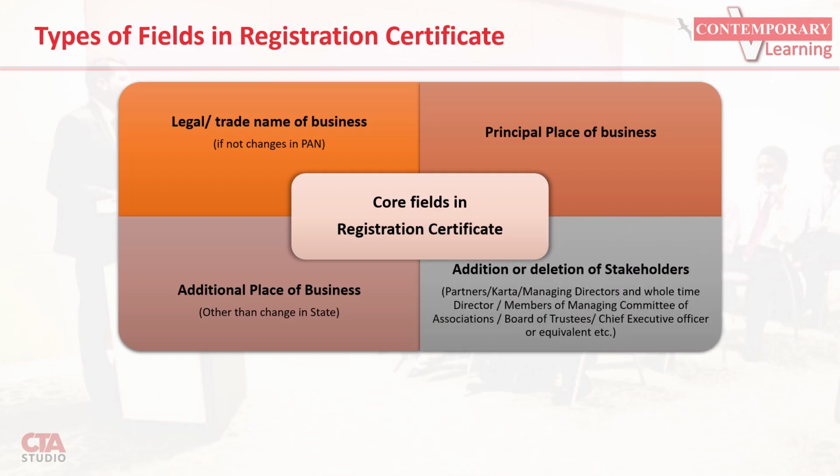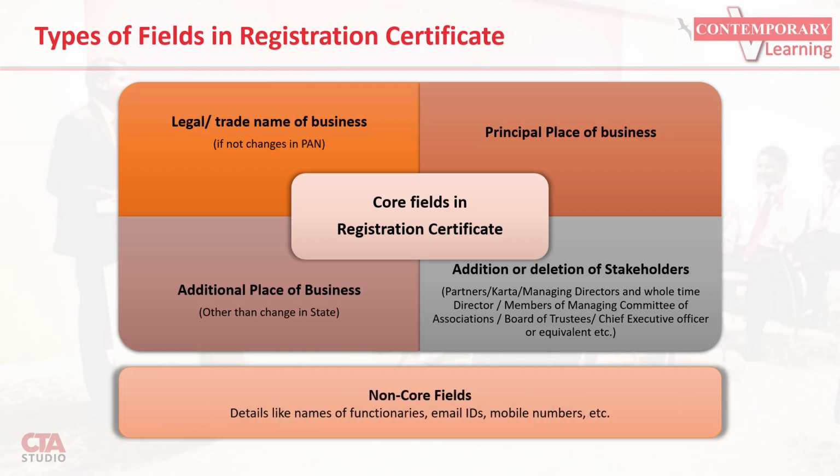Addition or deletion of stakeholders: partners, karta, managing directors and whole-time directors, members of managing committee of associations, board of trustees, chief executive officer, or equivalent, etc. Non-core fields. These are operational details like names of functionaries, email IDs, mobile numbers, etc. These can be changed without formal approval.